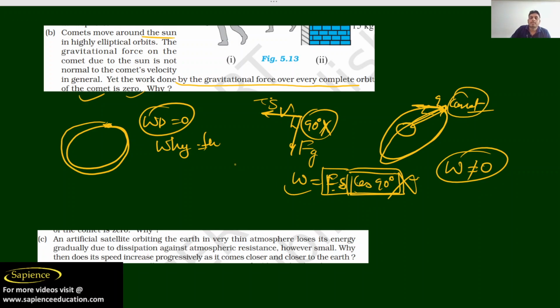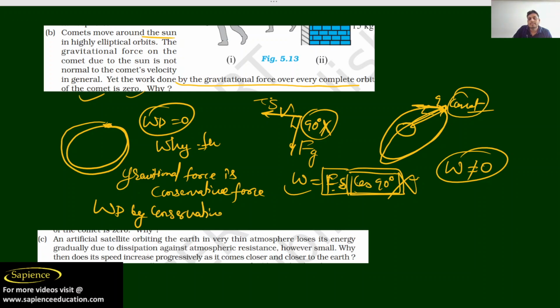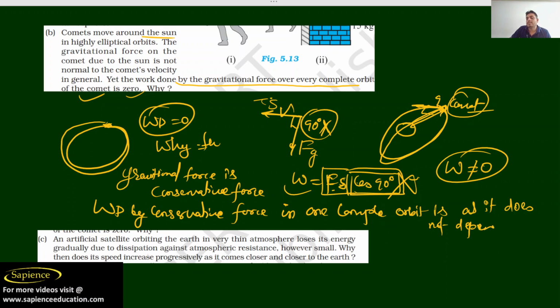So what we need to do? As you know, gravitational force is a conservative force, and the work done by a conservative force in one complete orbit is zero, as it does not depend on the path followed.